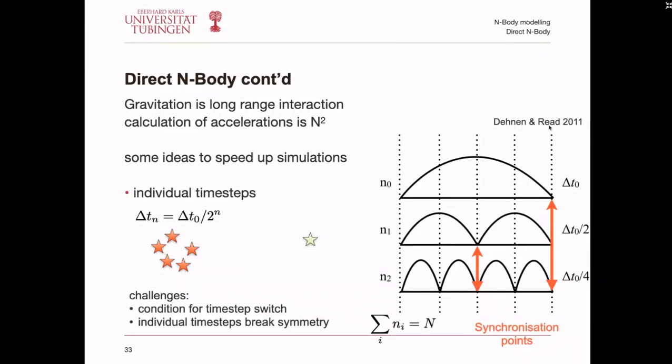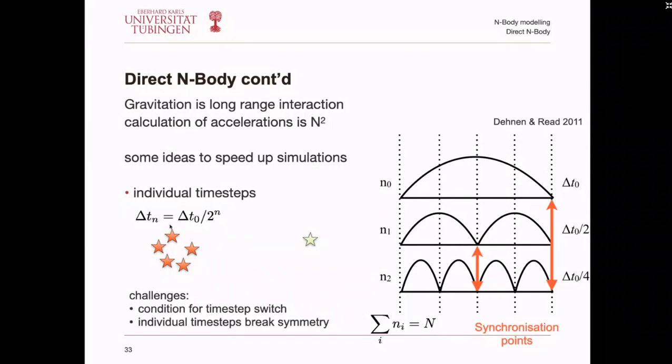The link to the paper is also in the slide. It's a good reading, a nice overview of different n-body codes and schemes developed so far. Well, it's almost 9 years old now.